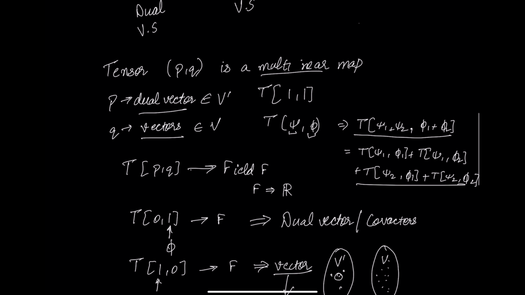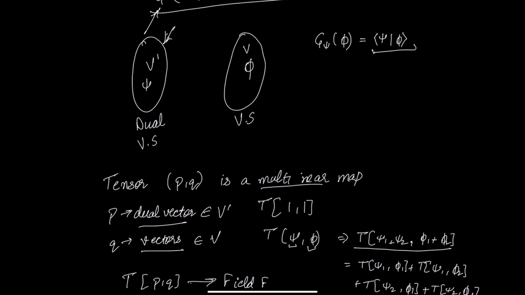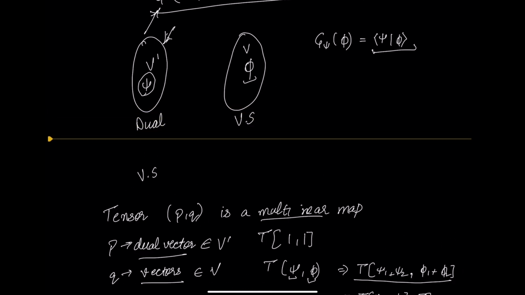Now you know what a vector space is and what a dual vector space is. The elements of the vector space I'll call vectors, and the elements of the dual vector space I'll call dual vectors. So phi I am taking as a vector in the vector space, and psi is a dual vector in the dual vector space.